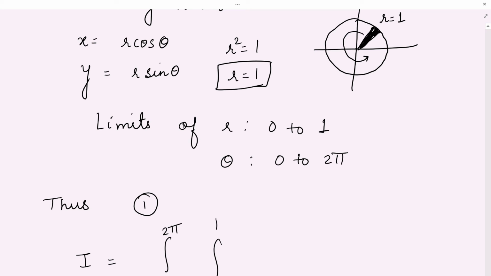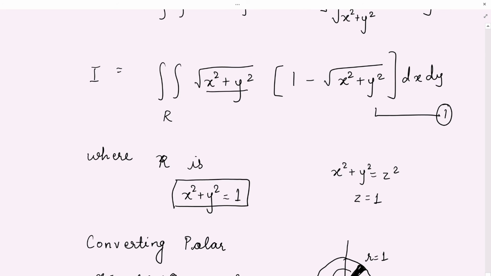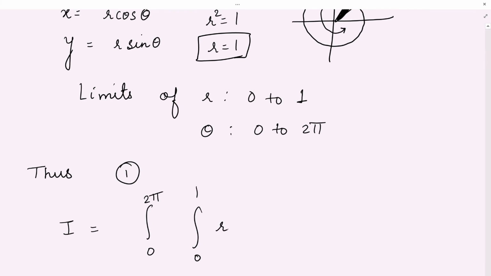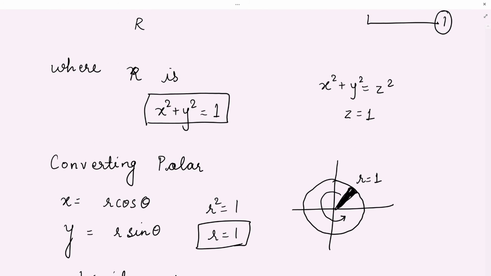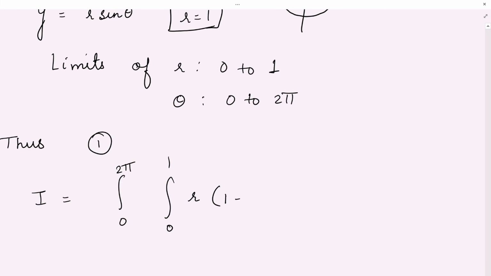This is clear. So now my equation 1 is this: x square plus y square is r square, under root is r. Okay, inside the bracket 1 minus r again, and dx dy is r dr d theta.